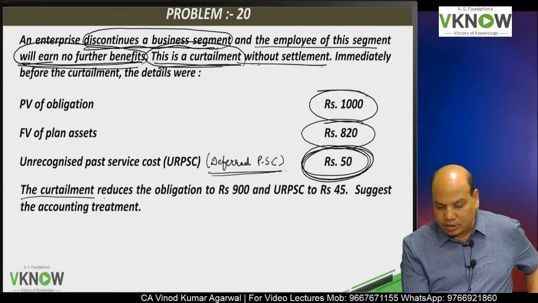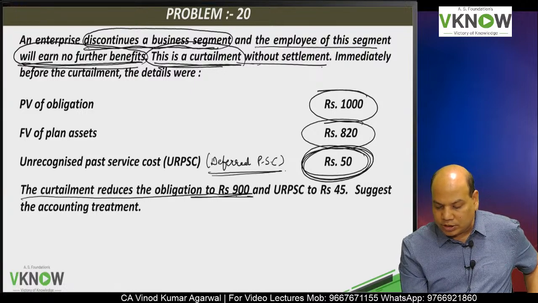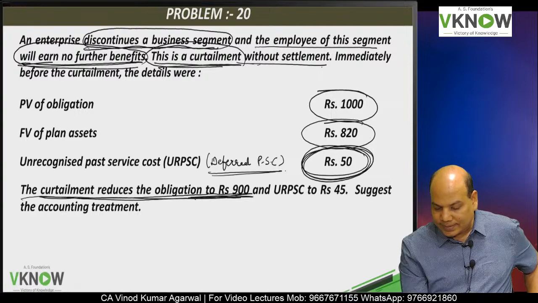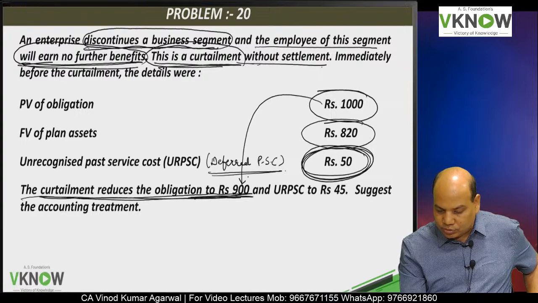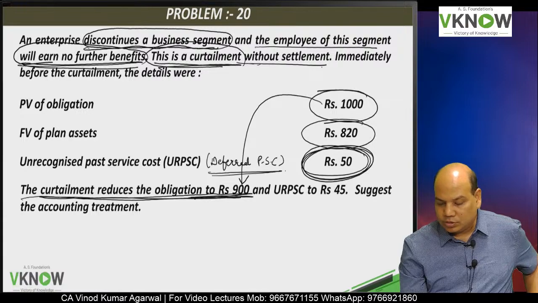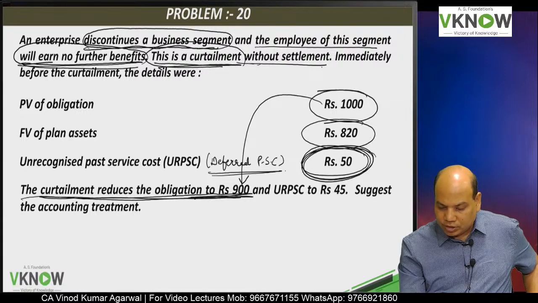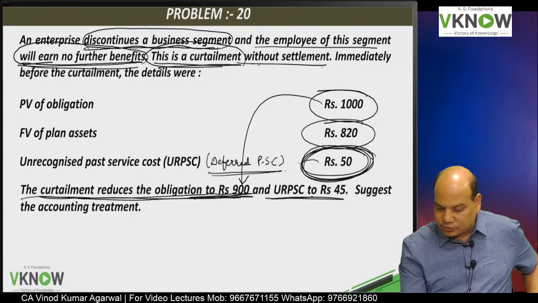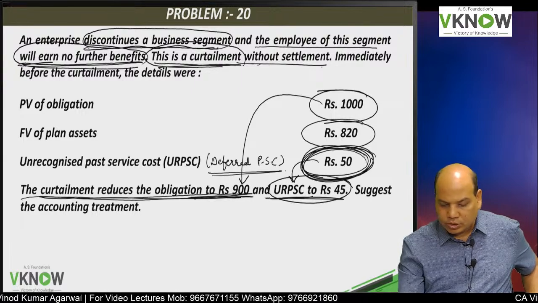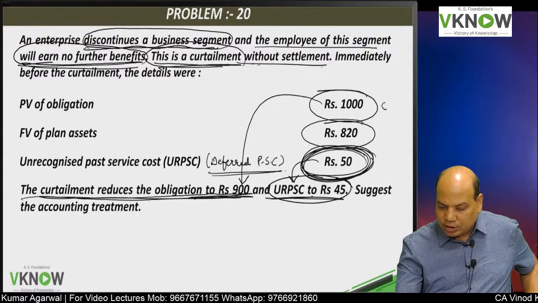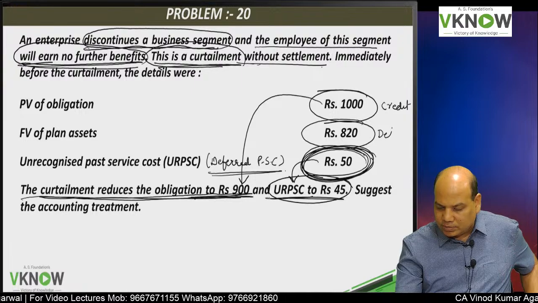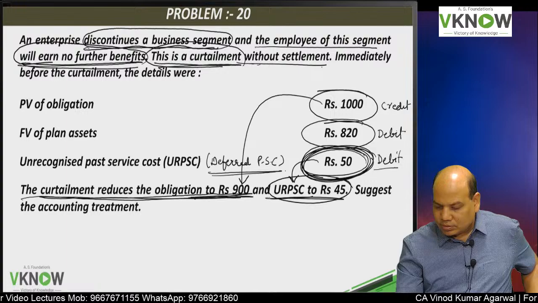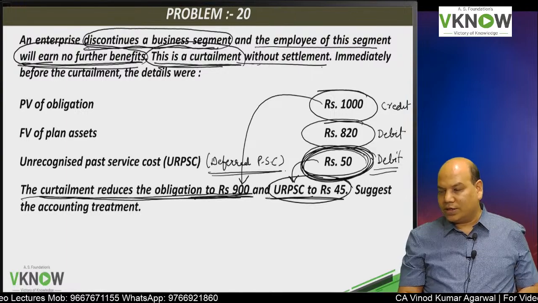The curtailment reduces the obligation to rupees 900. So this liability is reduced from 1000 to 900, and this unrecognized past service cost from 50 to 45. Now you should know, liability has a credit balance, asset has a debit balance, deferred past service cost also has a debit balance.